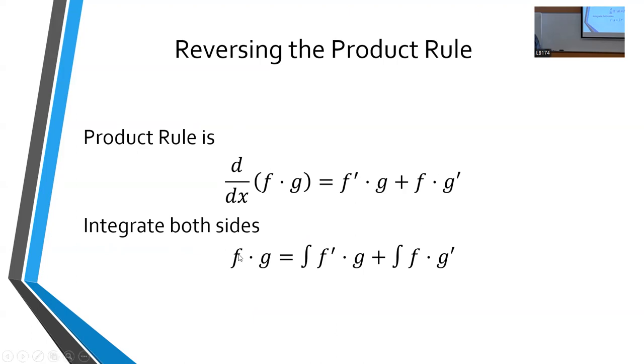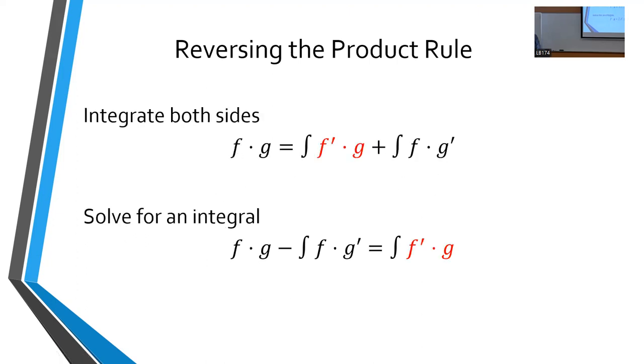And then all I have to do to get my integration by parts is move one of these terms over to the left by subtracting it. So if I want to isolate the f prime times g integrated, I just subtract f times g prime integrated from both sides.